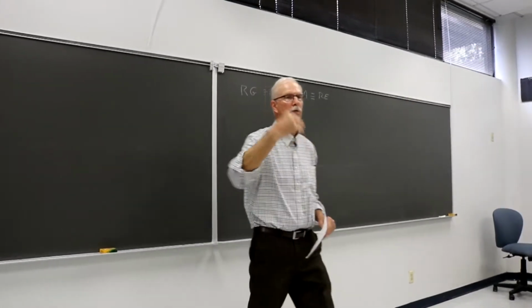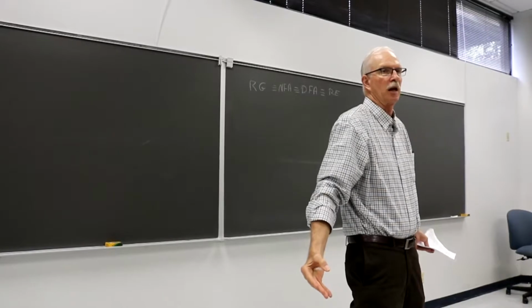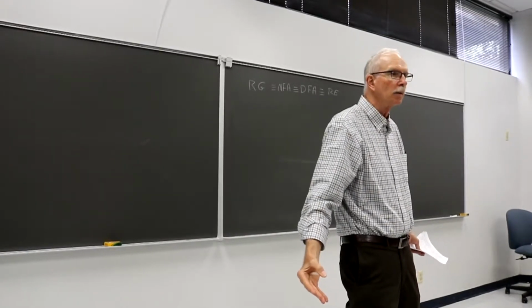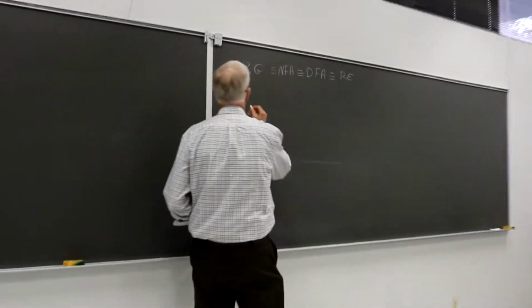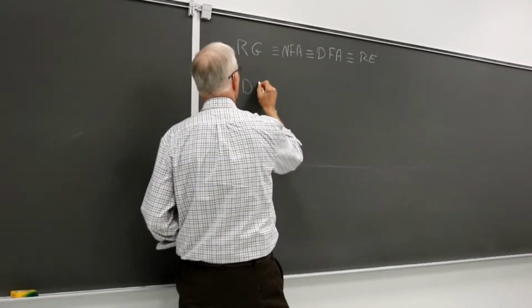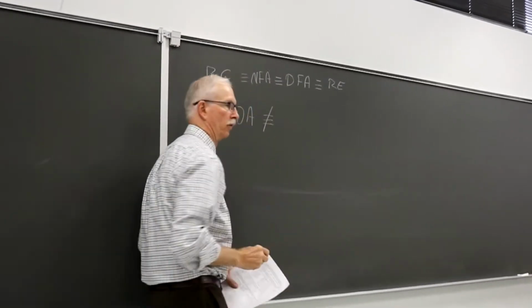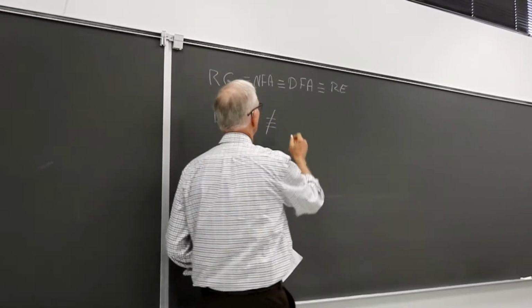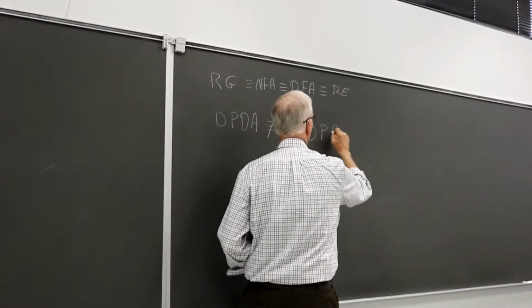You learned that all of those things are essentially representing the same language or the same thing. You also learned that deterministic push-down automata are not equivalent to non-deterministic push-down automata.